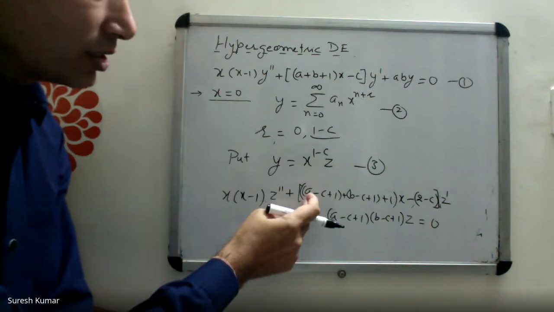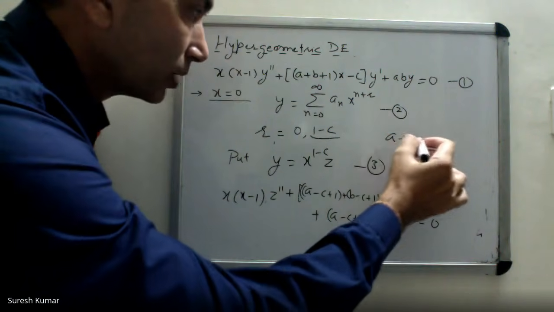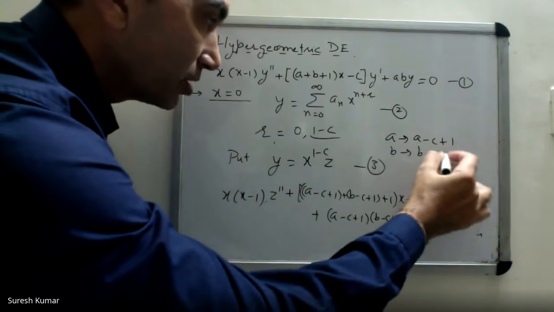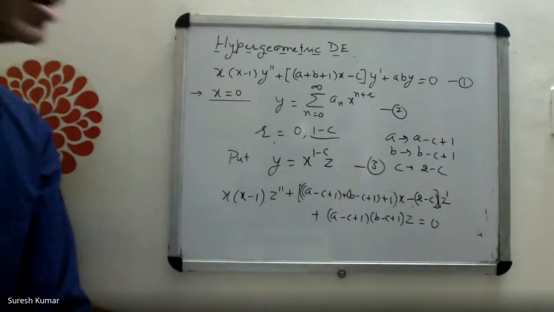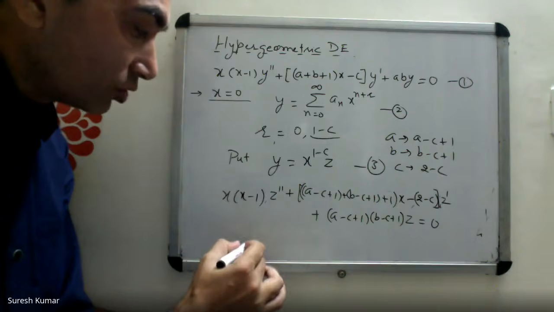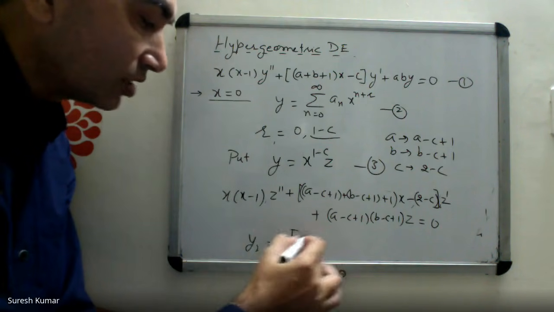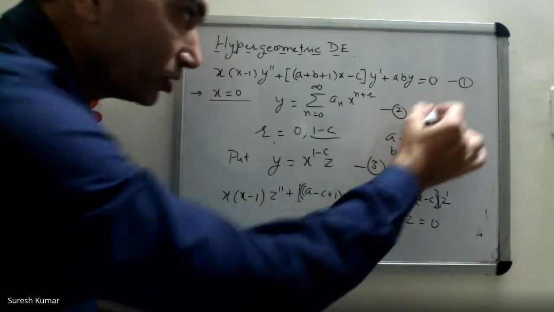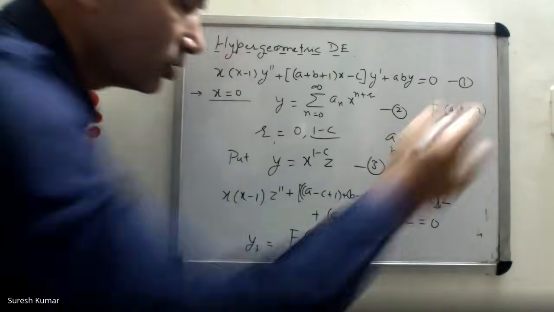The new thing here is that a has gone to a minus c plus 1, b to b minus c plus 1, and c to 2 minus c. Once it is hypergeometric, the solution is available to you. What is that solution? Let's call that solution y2. You can write that solution in terms of the hypergeometric function. And what is that solution? F(a, b, c; x), the shortcut notation you can use.